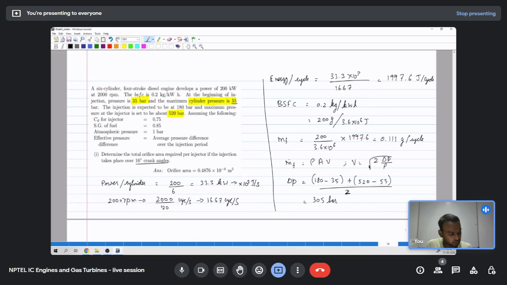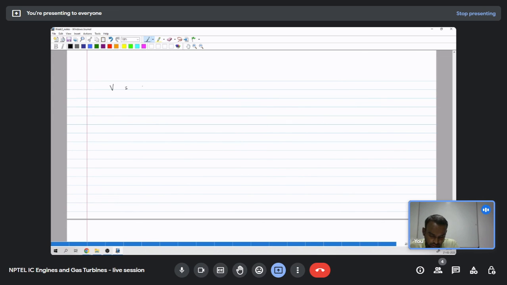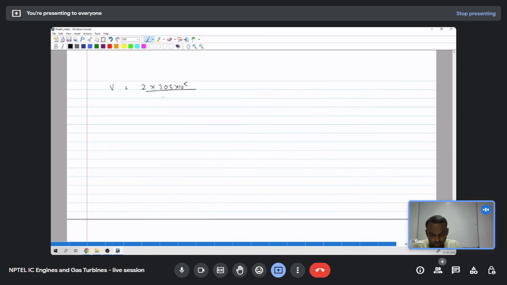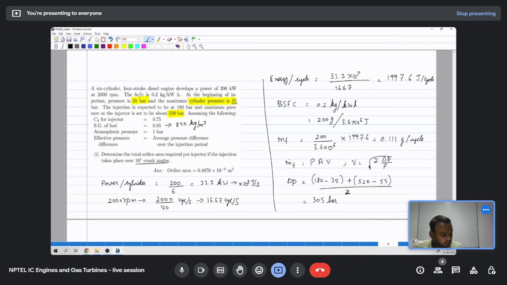So plugging this into the velocity relation, we have 2 into 305 into 10 power 5 divided by the density. Specific gravity is given as 0.85, which means 850 kilogram per meter cube. So I would write 850 here, and I can calculate the velocity. So velocity is 268 meter per second, and we have m dot f.